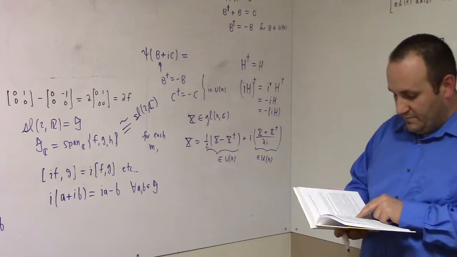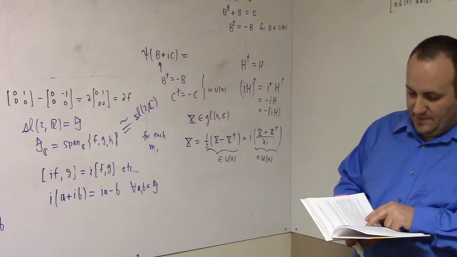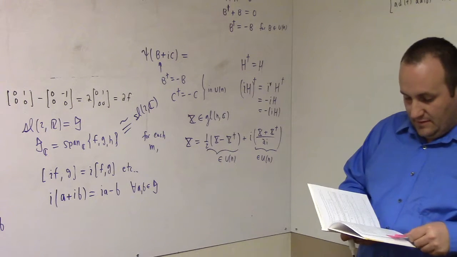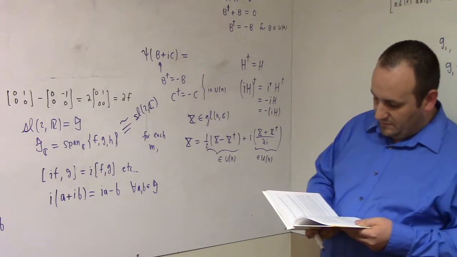Now, that brings us to chapter 3, which is on the Baker-Campbell-Hausdorff formula. He does a great job of motivating it in section 3.1.